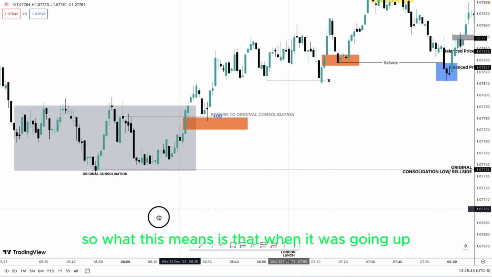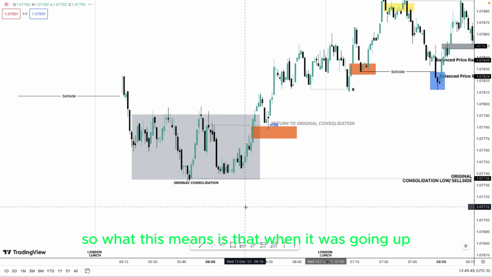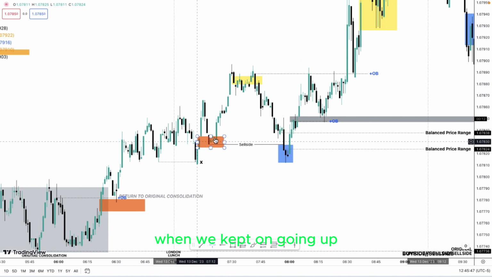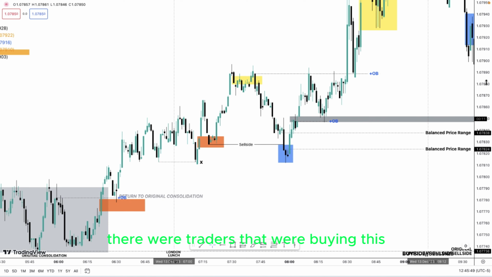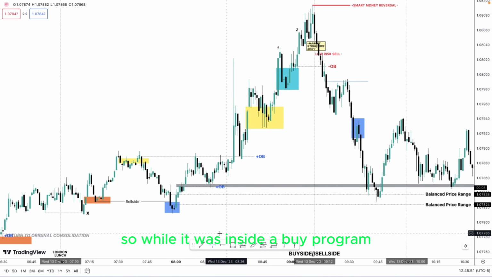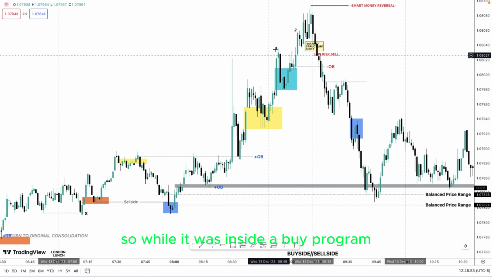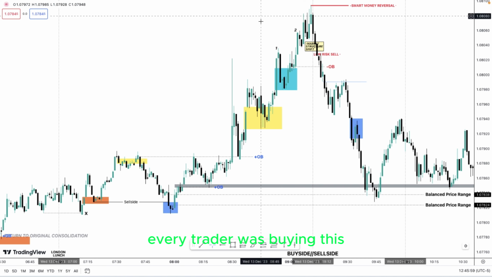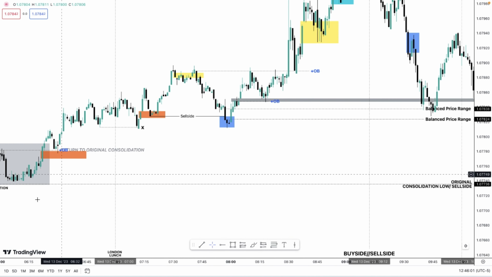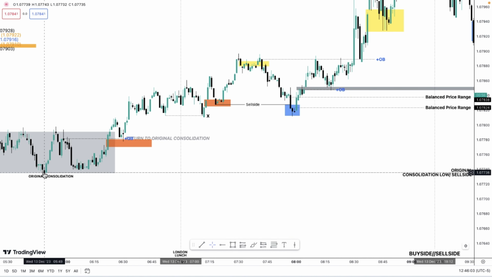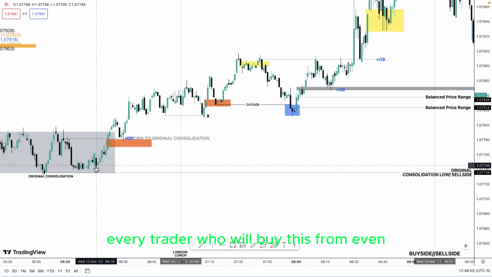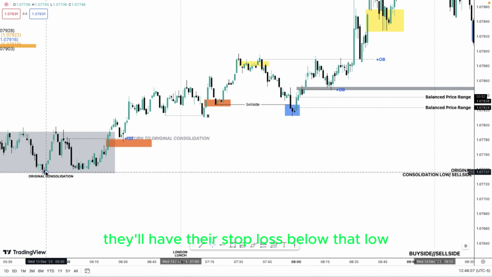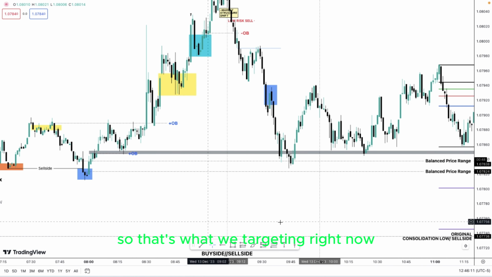What this means is that when it kept on going up, there were traders buying this. While we were inside the buy side of the curve, every trader who was buying this, even from the first candle, will have their stop loss below that low. So that's what we're targeting right now.